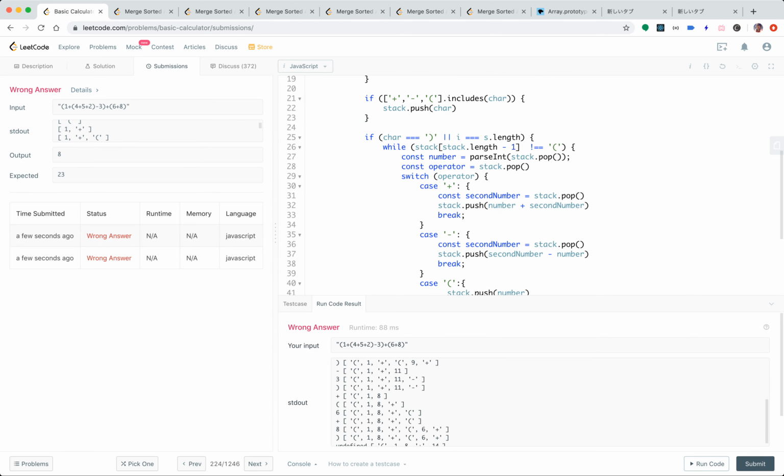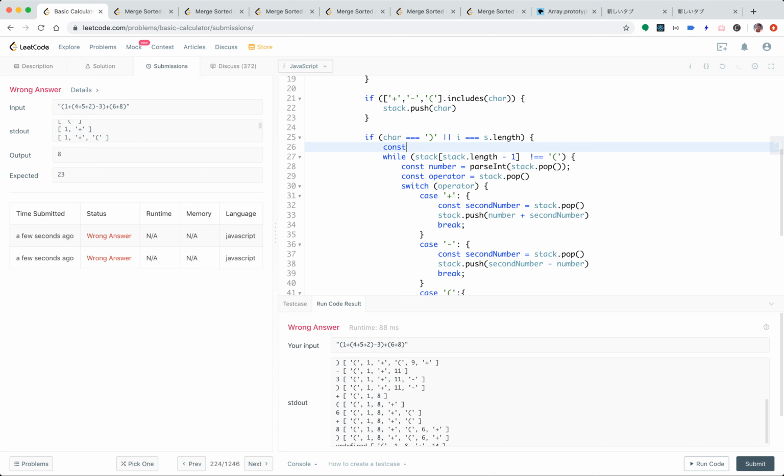So we will calculate them until there is this one. While stack, okay, so while top, const top equals stack pop.